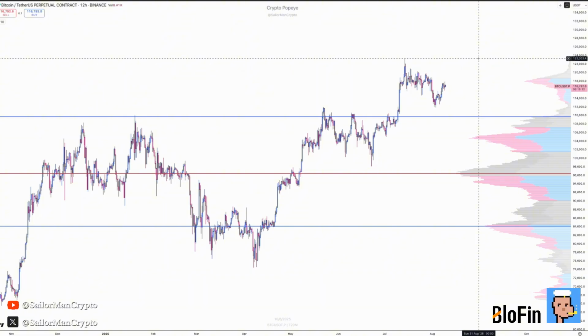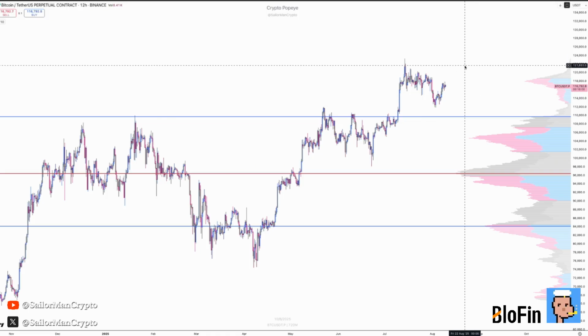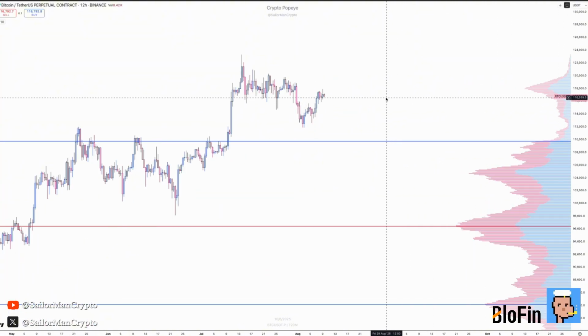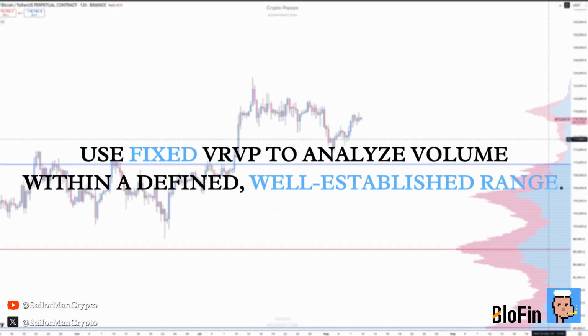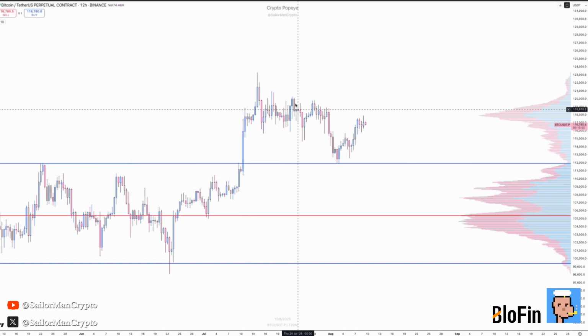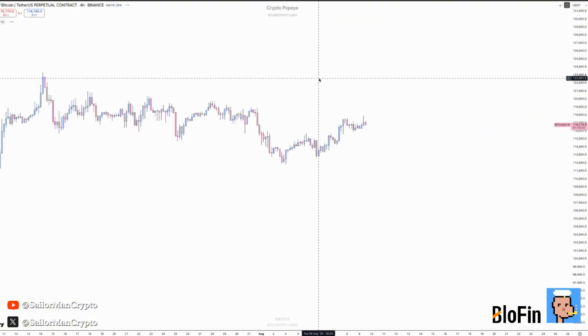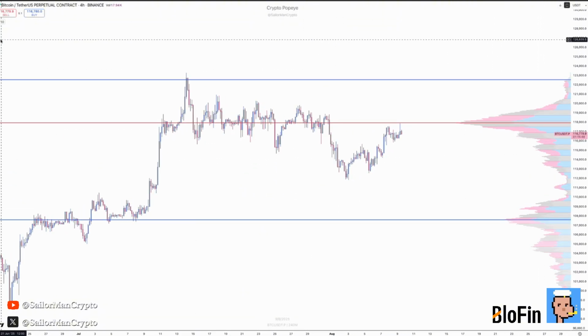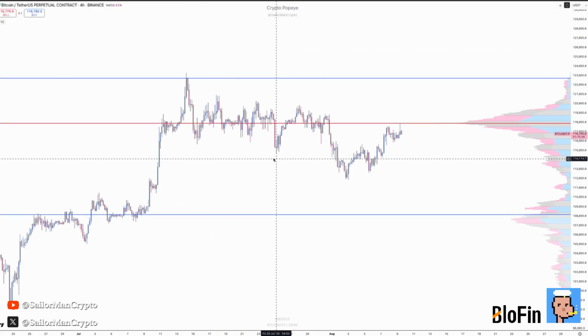So the first explanation is, why do you sometimes use the fixed and sometimes the visible? The answer is pretty straightforward. I use the fixed on a well-known range because I decide where to start and when to finish that specific range. For example, I'm recording this video on Saturday, 9th of August.